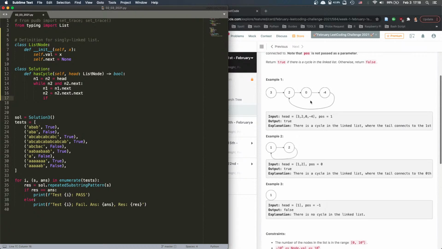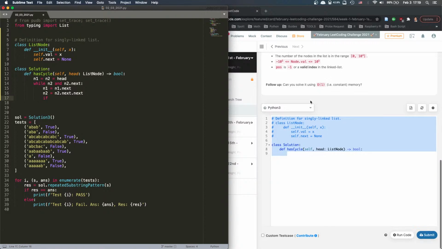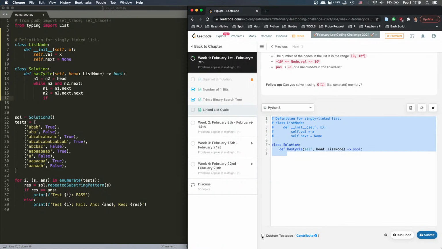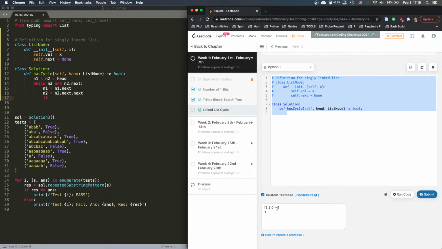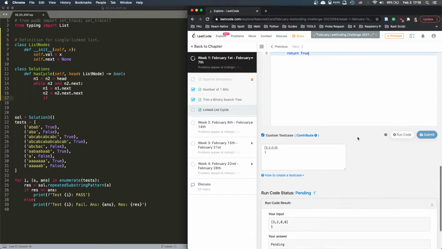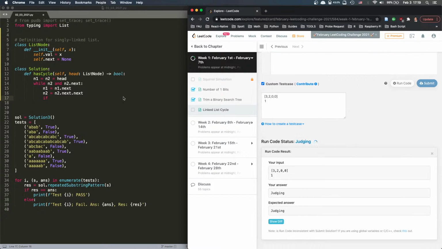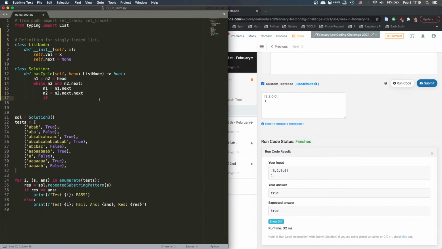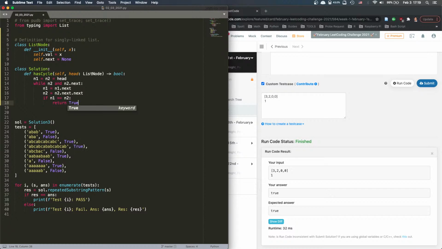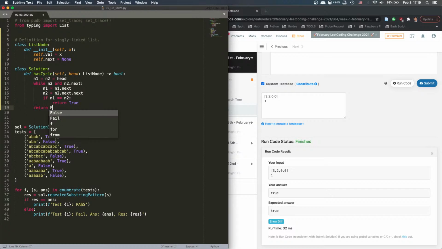Can we make them the same number? I'm just curious. I think this one is true. I think we can just directly compare n1 and n2. Yeah, if n1 equals n2, then return true, else we're going to return false.